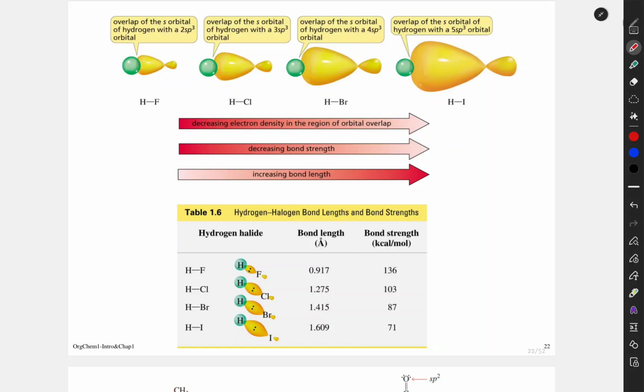And from left to right, you can rationalize the decreasing electron density in the region of the overlap. If you focus on the overlap part, as you move from left to right, that amount of overlap decreases. That means the bond length is increasing from left to right. Okay? These are reciprocal relationships.